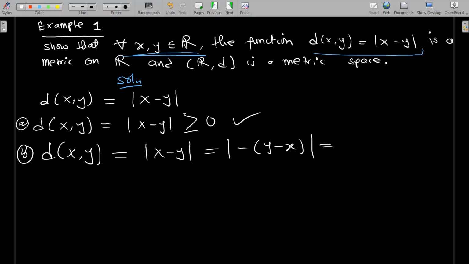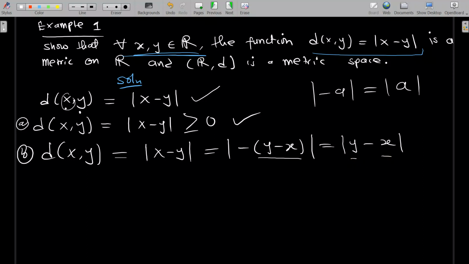And this is the same as what, because for the absolute function, the absolute value of negative a is the same as the absolute value of a. So if I have the absolute value of negative of the whole of this, then it's the same as the absolute value of y minus x. And the function we have here is defined by d of something comma something is equal to the first one minus the second one. So if I have the absolute value of this minus this, then it means this is the same as d of y comma x.